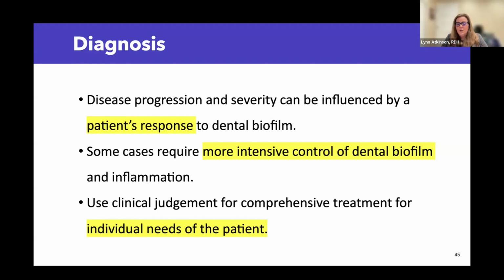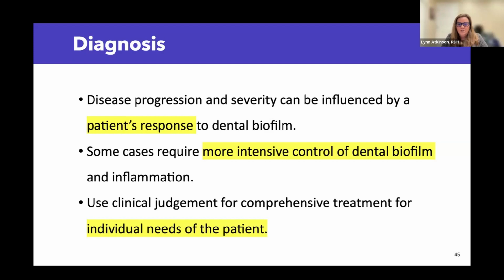And some cases require more intensive control of dental biofilm and inflammation. So some people can get along fine coming in at a longer interval, and those other ones need to have this intensive control. So seeing them more frequently, going through some adjunctive therapies or laser periodontal therapy.